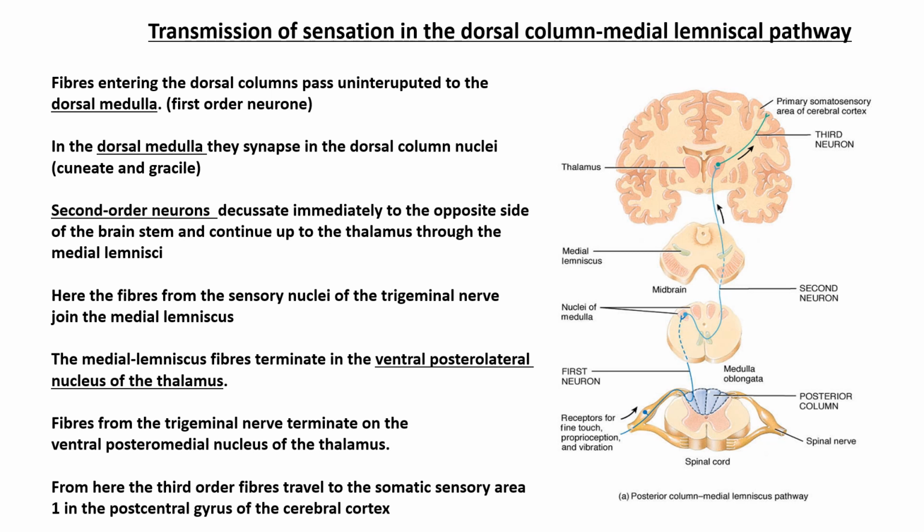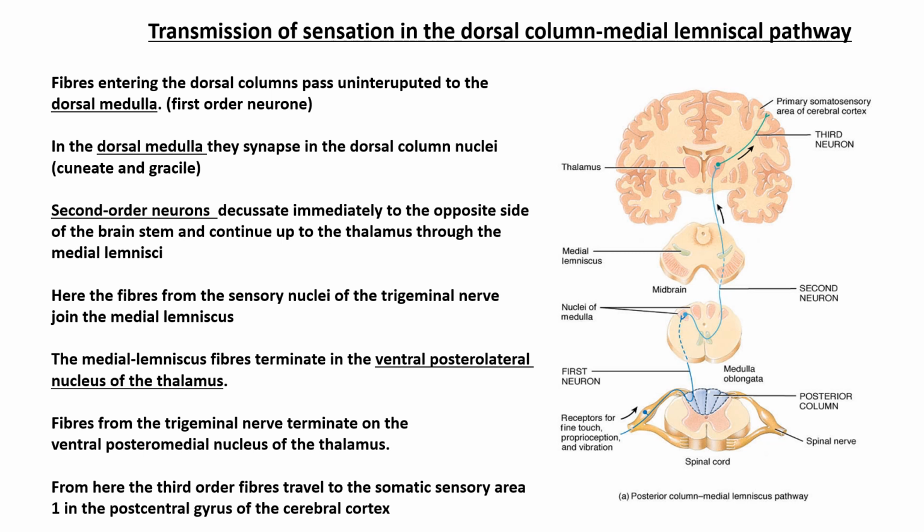as well. So in the dorsal column medial lemniscal pathway, impulses from the receptors are carried by the nerve. These are fine touch, proprioception, and vibration. The nerve enters the dorsal root and then goes all the way up to the dorsal medulla. Here in the dorsal medulla, it synapses.